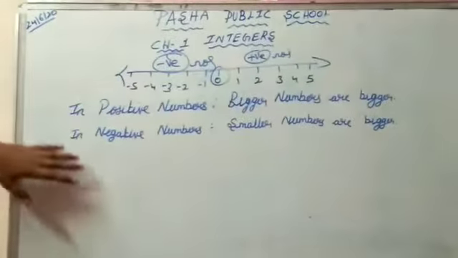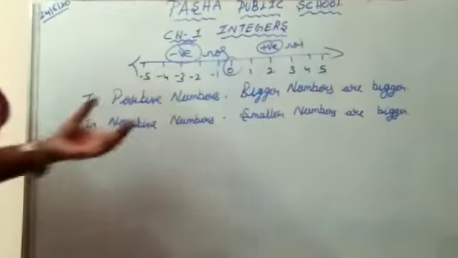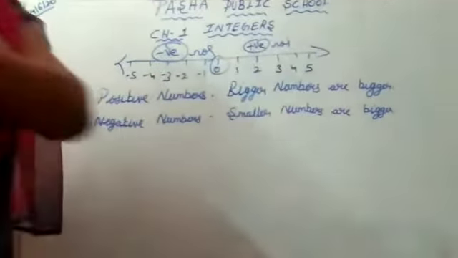What is in your positive numbers? All your bigger numbers will be bigger, and in your negative numbers, smaller numbers will be bigger.